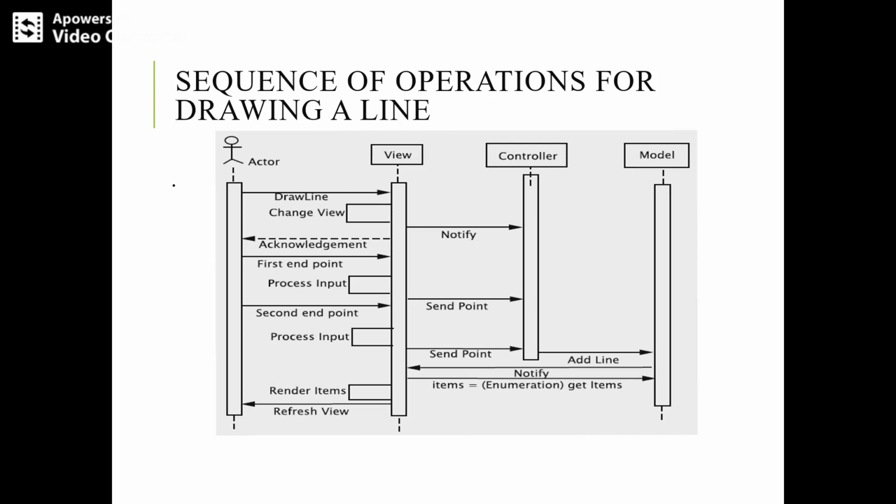The item will be the start point and end point. So add line renders the item so that it is visible or displayed in the view part. Again we refresh the view, and we come to know that in the model we have added a two-point line. This is the simple sequence of operations for drawing a line.